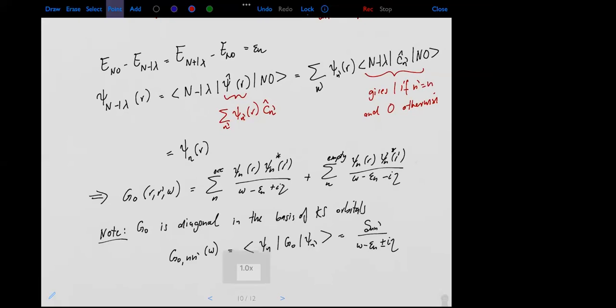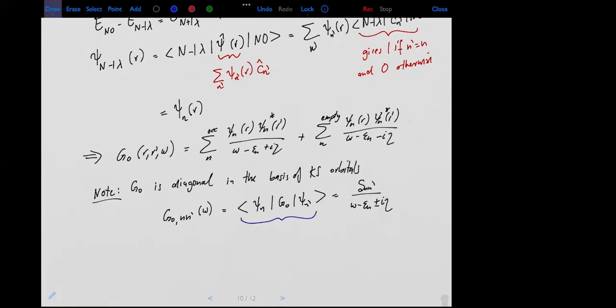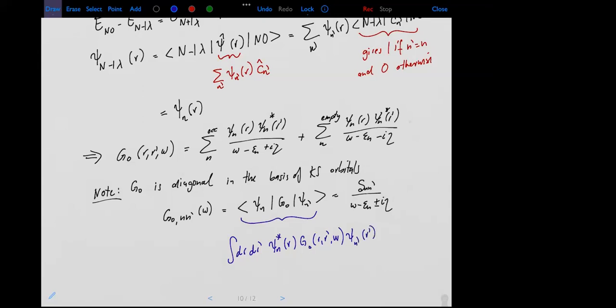Oh, you mean what does this actually mean here? Yeah. So this means basically dr prime psi n star r G0 r prime omega psi n prime r prime, right? So that's what this means. Okay, so the brackets have different R dependency. Okay, I got it.